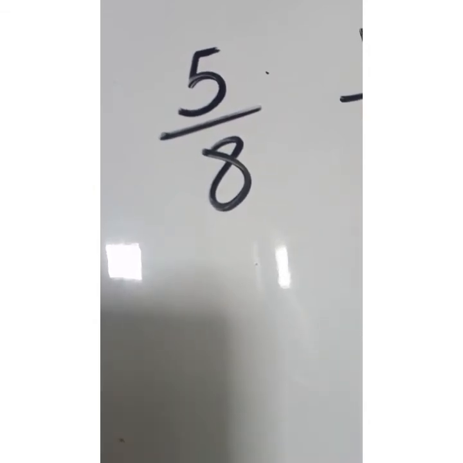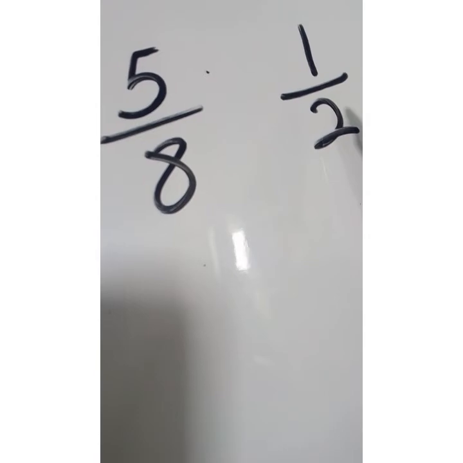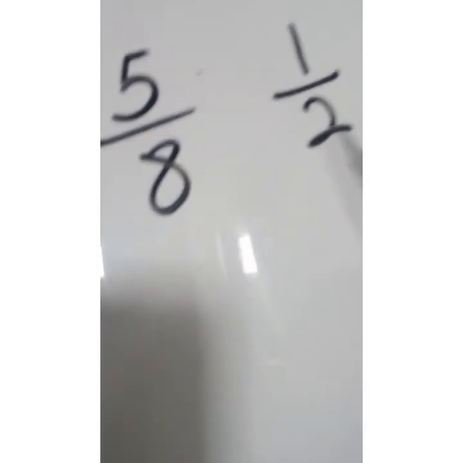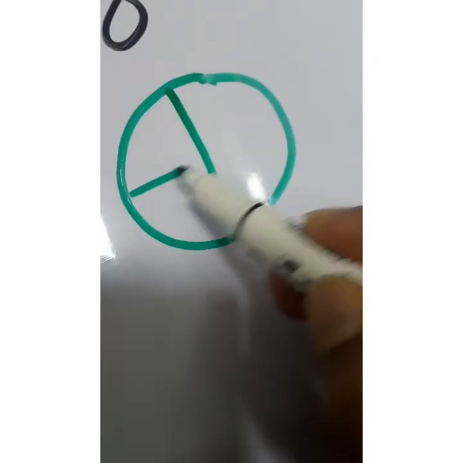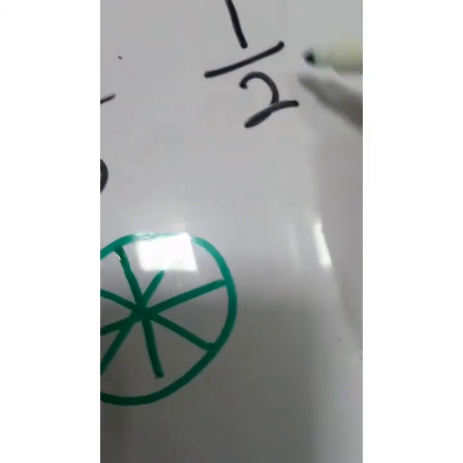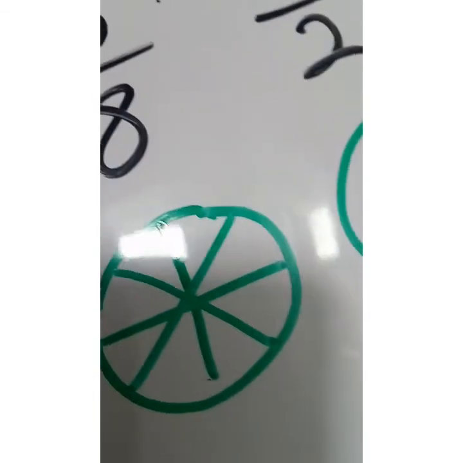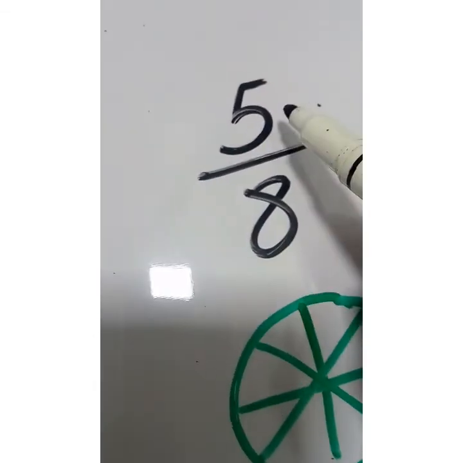Let us now look at 5/8 and compare it to the half to see if it's greater than half. I'm going to draw a shape and divide it into 8, and here I'm going to draw a shape and divide it into half. How many pieces are shaded? 5.